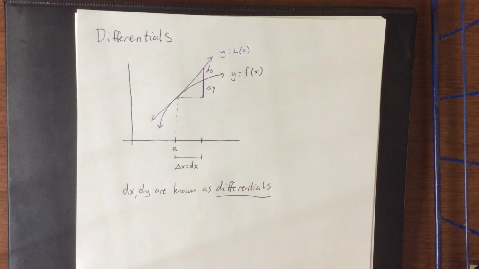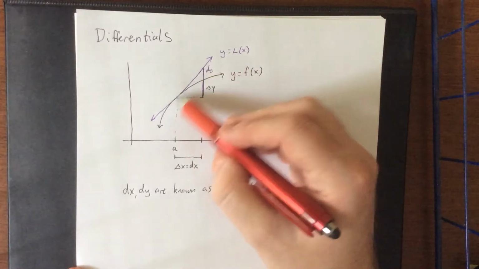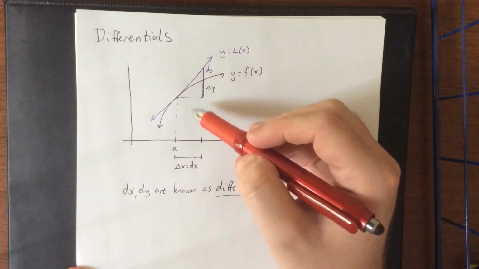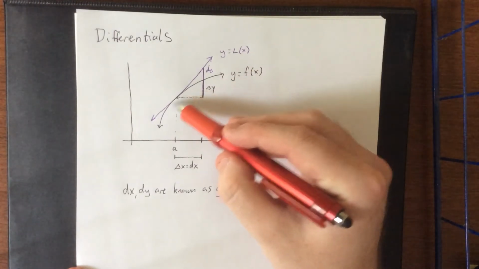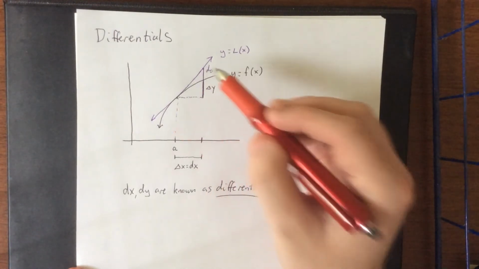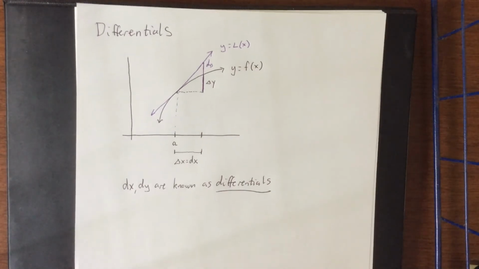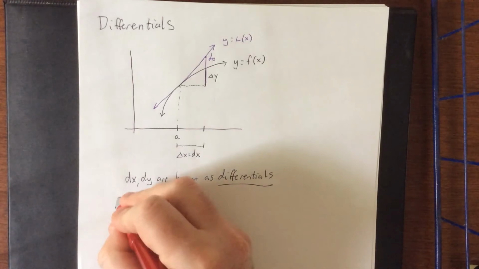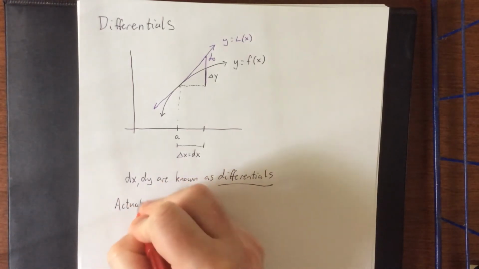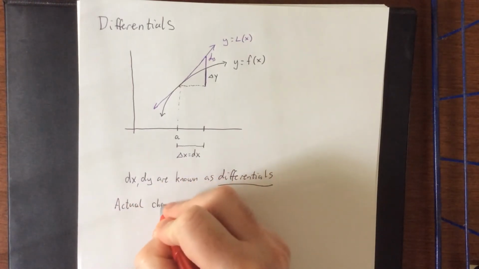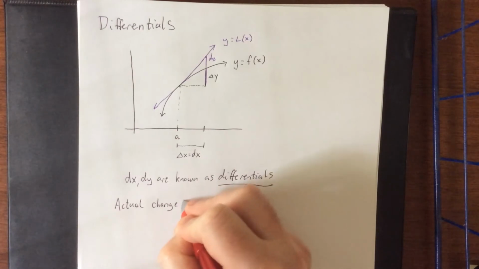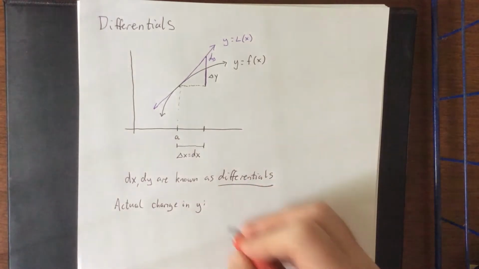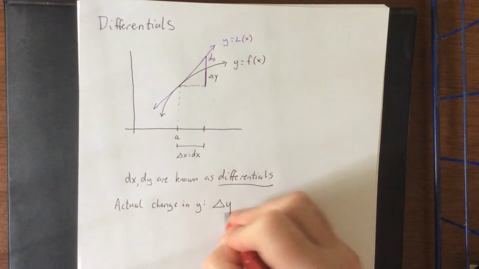Normally when we see dy and dx together, we're talking about some kind of derivative, and the slope of the linearization would be the slope of the tangent line at a. So with that in mind, if we were interested in finding the actual change in y on our function, that would be delta y.